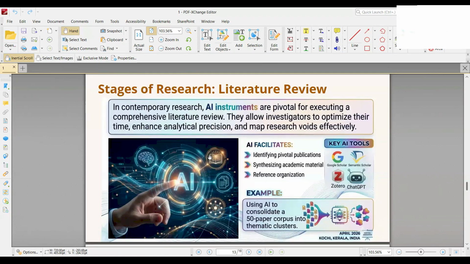We can then use reference organizers like Zotero to keep everything tidy and well referenced. It feels like we are delegating the heavy lifting of sorting and organizing to the machine, while we retain the analytical power to interpret what those clusters actually mean for our own research.